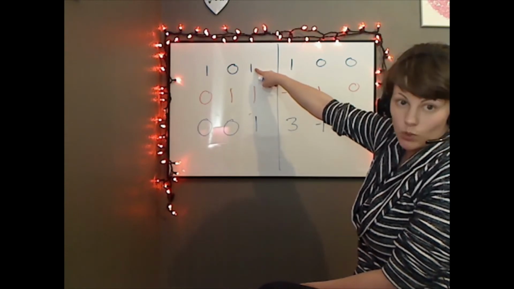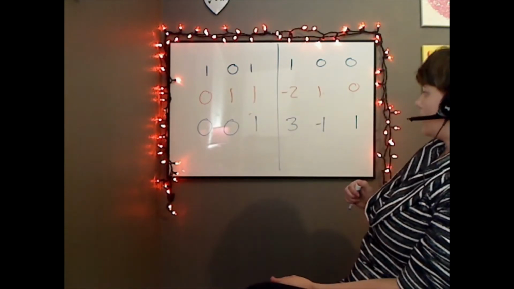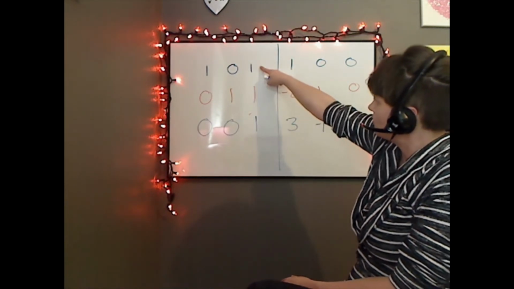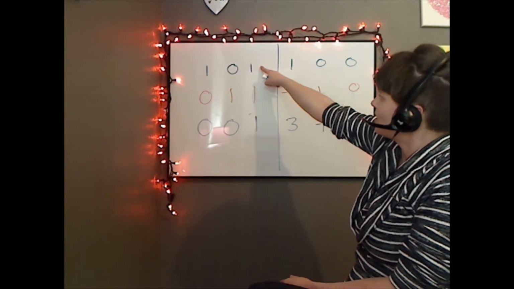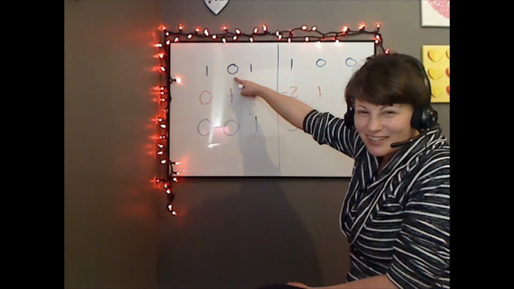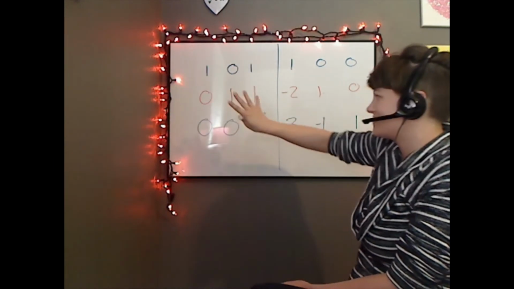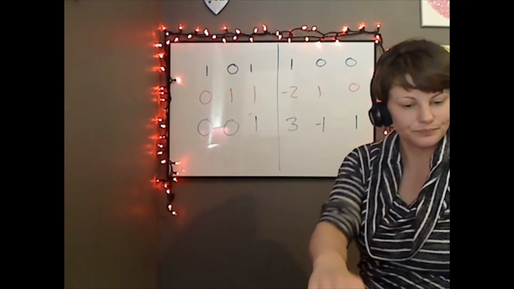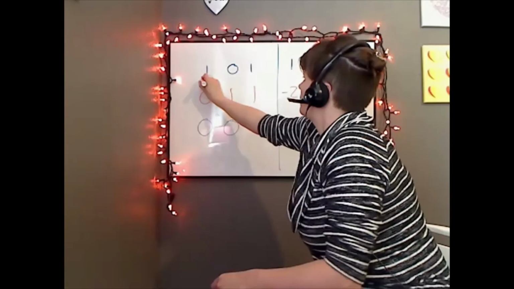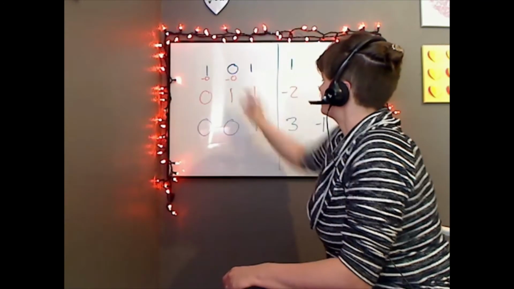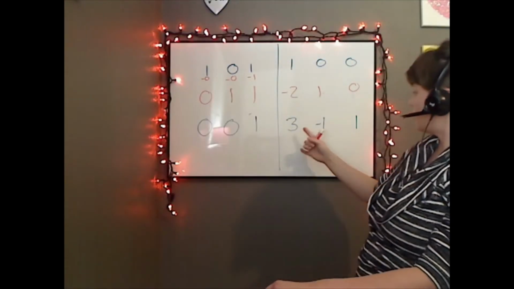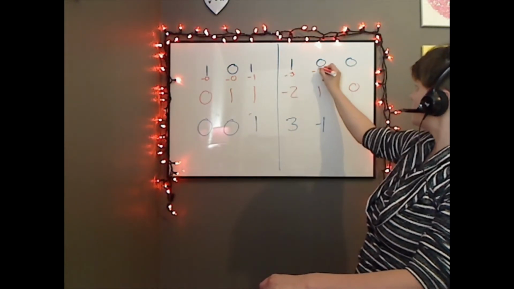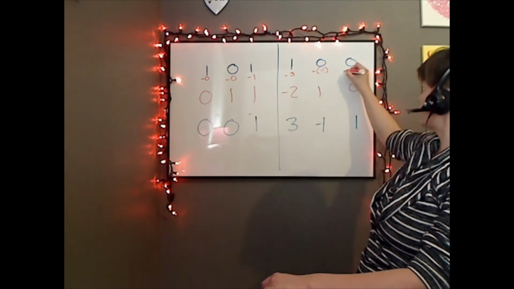I'm going to try and turn this 1 into a 0. How can I do that? Well, I could subtract this row from this row, but that's going to mess things up because it's going to change this back into a negative 1. I wanted it to be a 0, so I'm not going to mess with that. But I can take row 3 and subtract it from row 1. So minus 0, minus 0, minus 1, and then take this row, subtract it from this row, so minus 3, minus negative 1, and then minus 1.